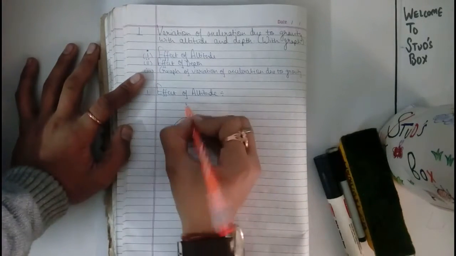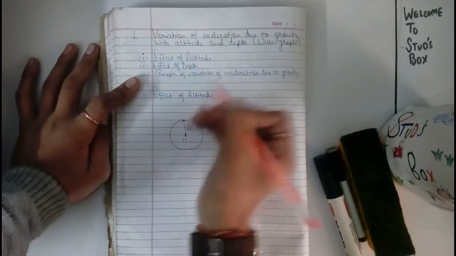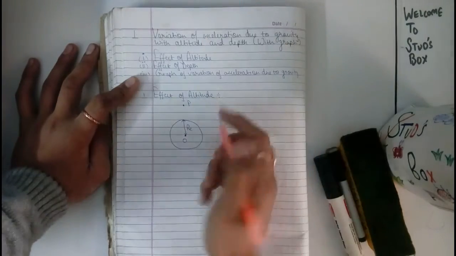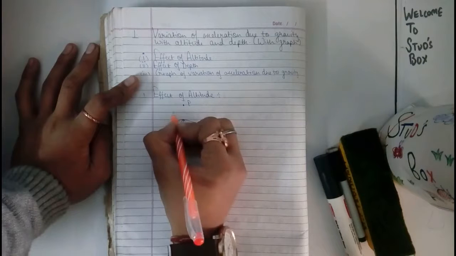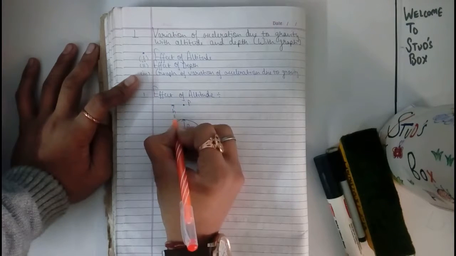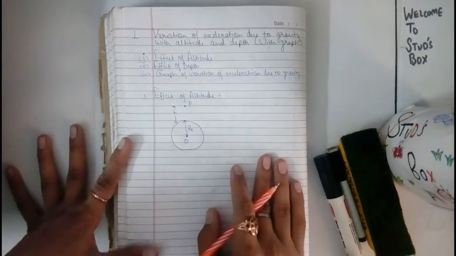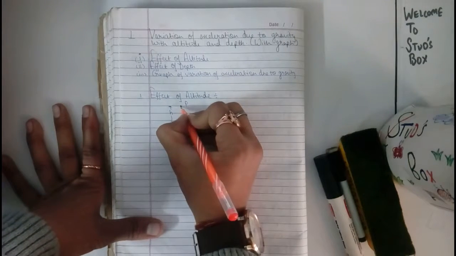And let's say we have to calculate gravity at a point P, which is outside earth, that is above the surface of earth. Let's take the height of point P from the surface of earth as h. This is point P.